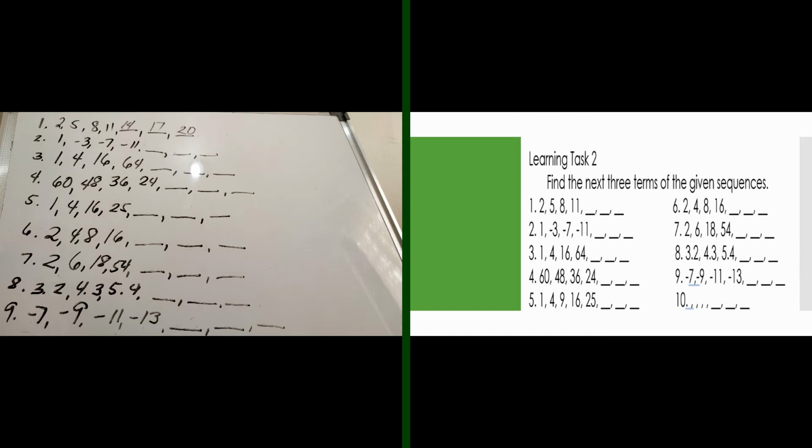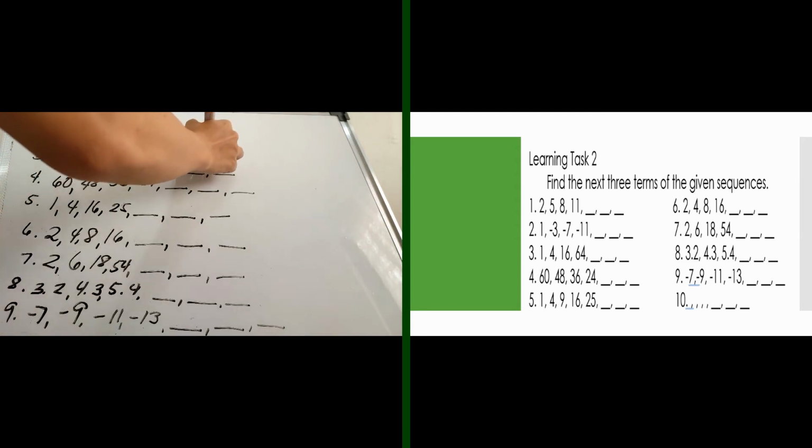So we're going to have negative 4 as well. So meaning to say in here, we're just going to deduct 4. So negative 11 minus 4 is negative 15. Minus 4 is negative 19. Minus 4 is negative 23.